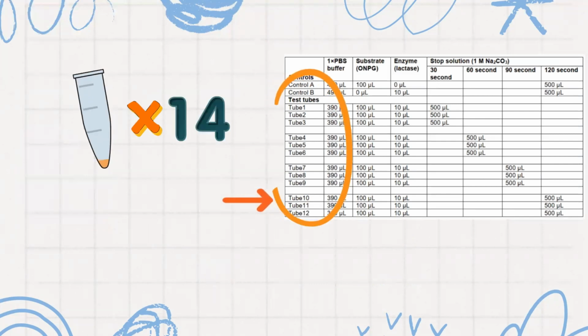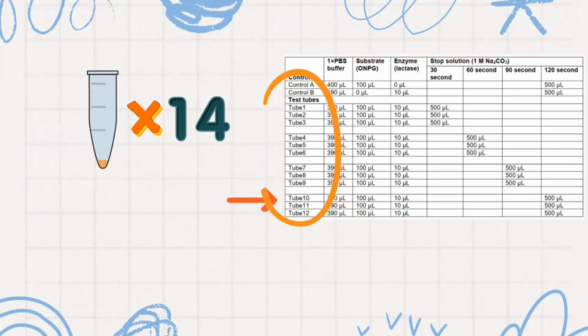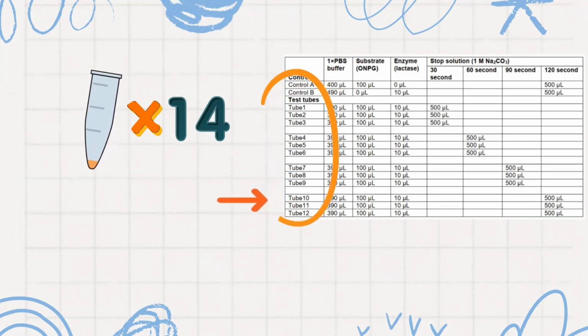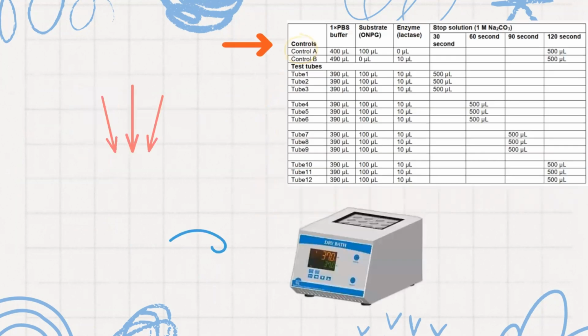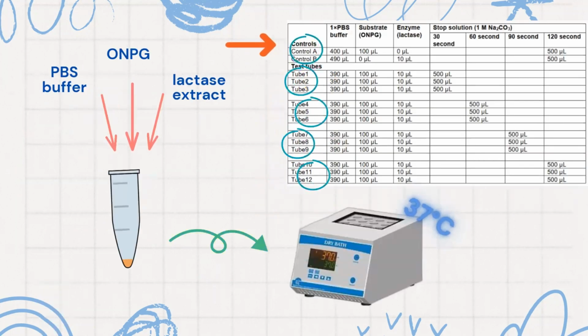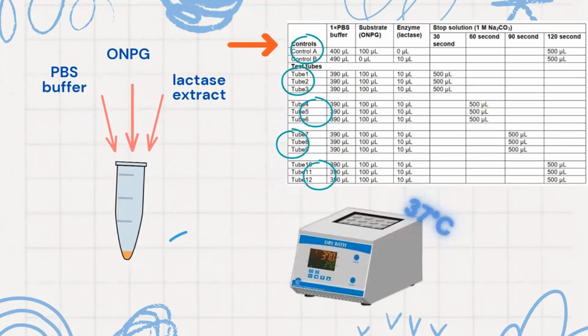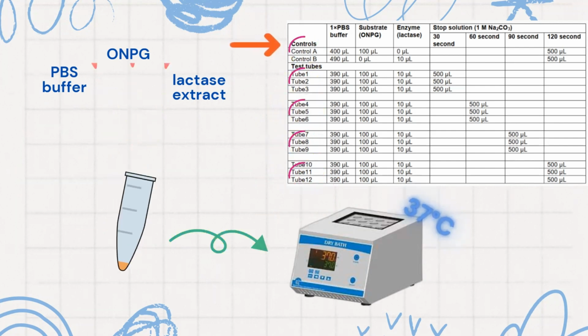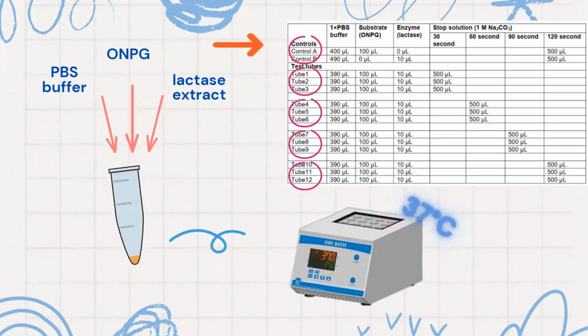In the next part, first prepare 14 1.5 ml tubes and label them according to the table on the right. Add PBS buffer, ONPG, and lactase extract in each tube according to the table. Tap them and mix them immediately.